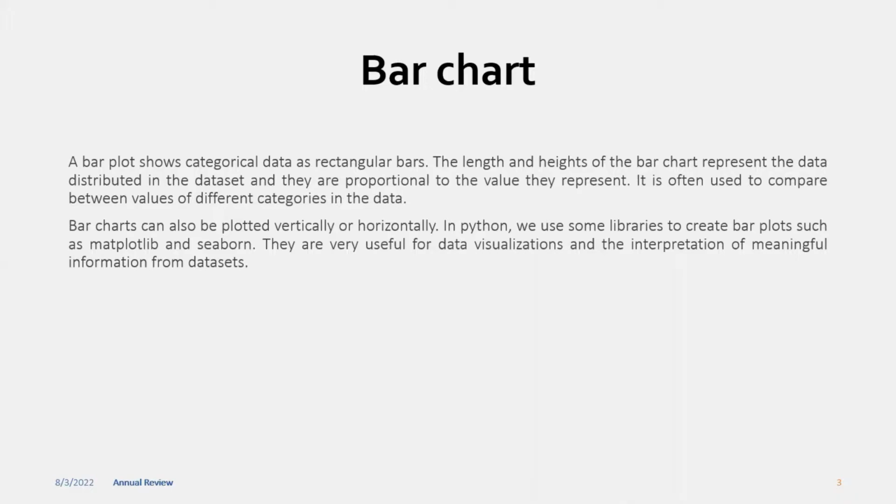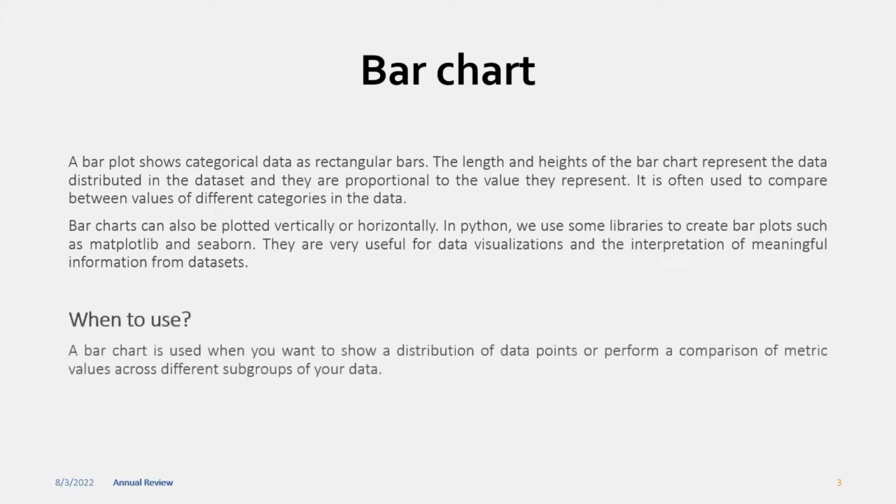Bar charts can also be plotted vertically or horizontally. In Python, we use libraries such as matplotlib and seaborn to create bar plots. They are very useful for data visualization and the interpretation of meaningful information from datasets.